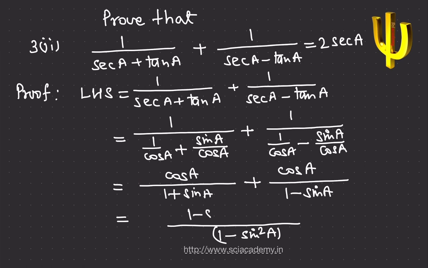1 minus sin A into cos A plus 1 plus sin A into cos A, which further can be written as equal to cos A can be common out.